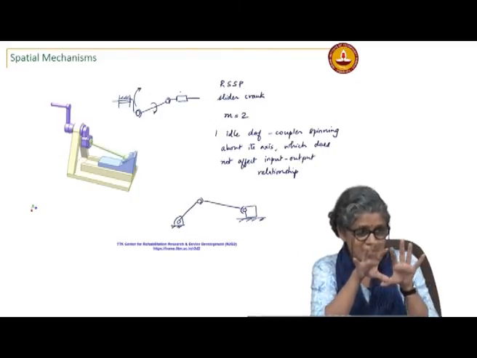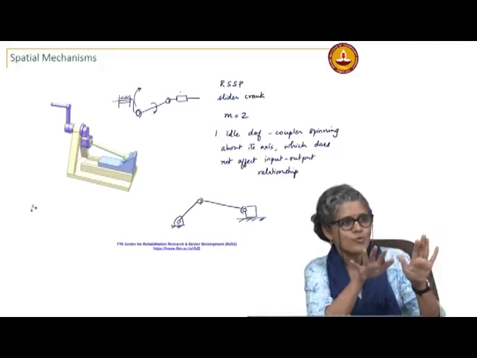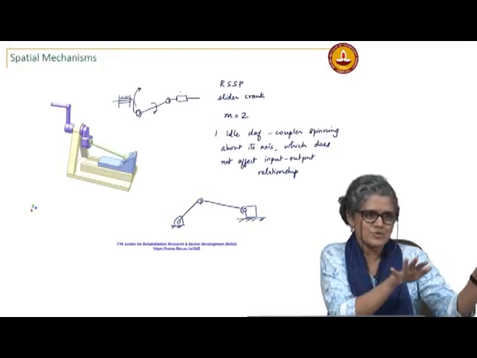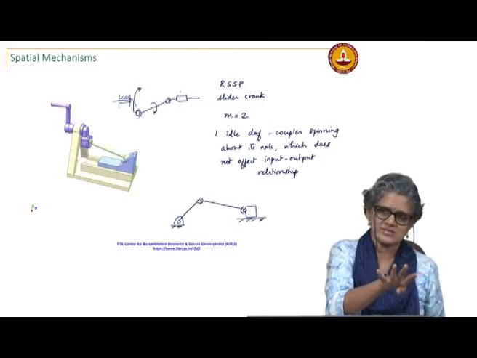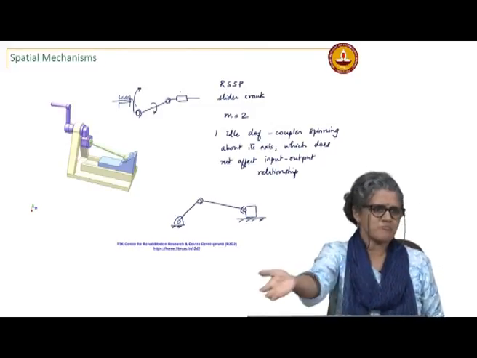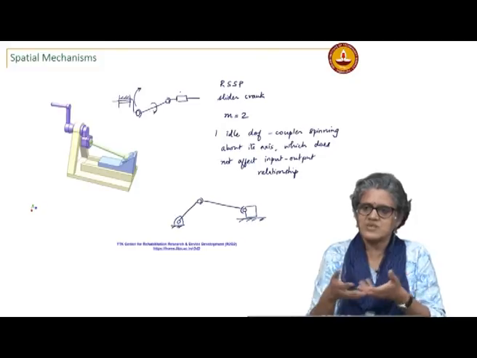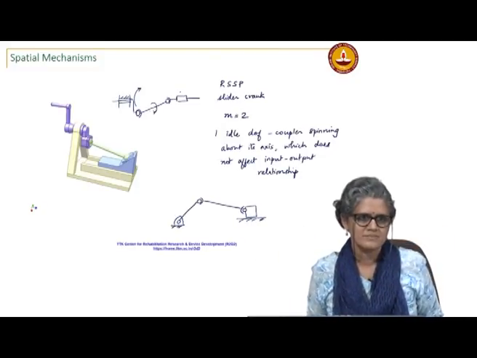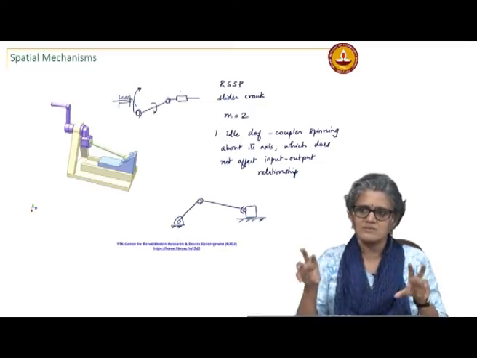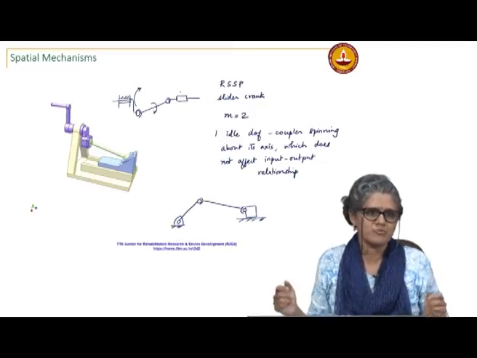We very clearly define the conditions in which Grubler's criterion applies. Then you need a minimum of 4 links. If I want higher pairs, a cam follower is a 3-link mechanism: the cam, the follower and the fixed link, with fixed pivots for the cam and the follower to rotate about.